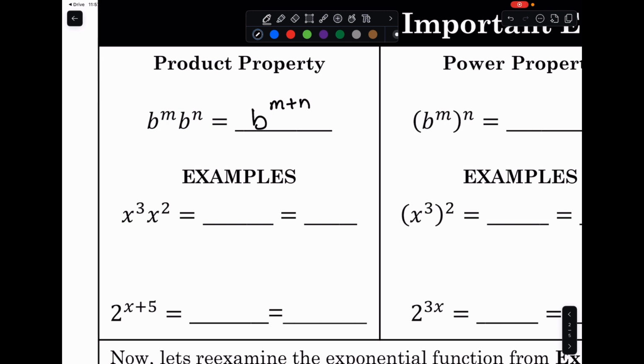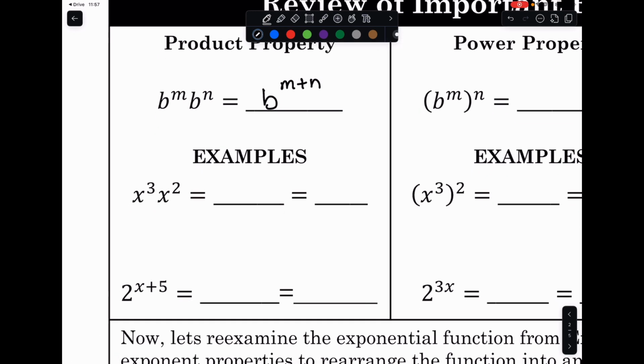Now, this rule is very simple to explain because we know that a power simply identifies the number of factors that we have. So if I have x to the third power, that means x times x times x. I'm multiplying 3 factors of x. Similarly, x to the second power means x times x.